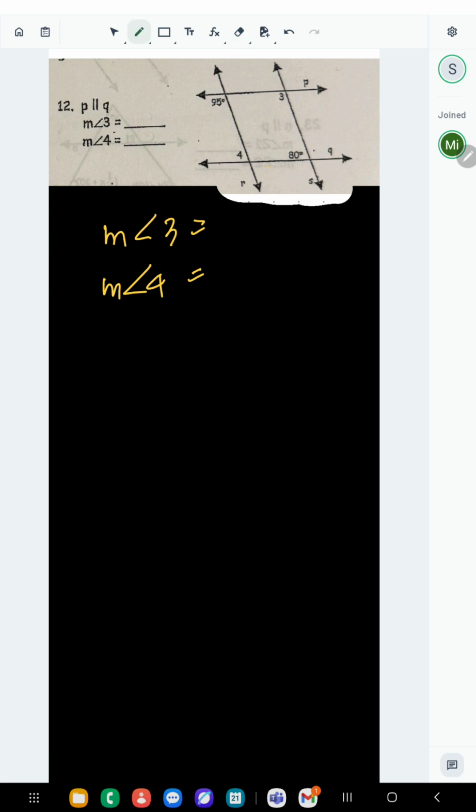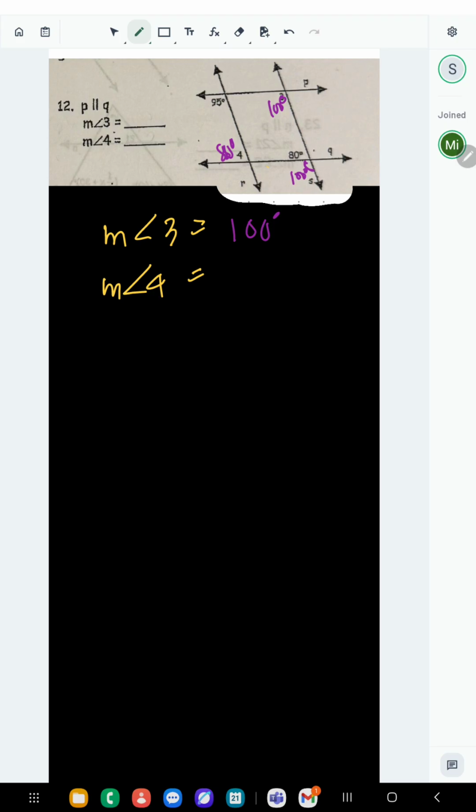Yeah. So angle 3 here should be 100 because this is 100, right? So this one is also 100. And then that means angle 4 is 80. What did you get, 85? Angle 3 is 100 degrees.